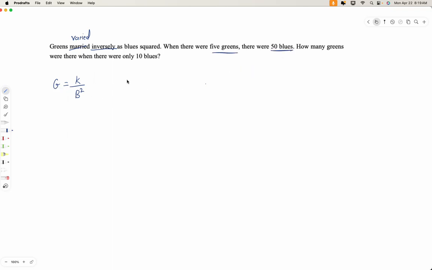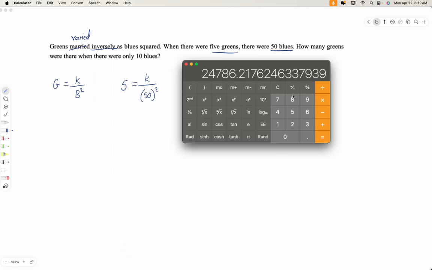So we put 5 in for green, and then we put 50 in for blue, and we square it. So first we have to get 50 squared. What is 50 squared? 50 times 50 is 2,500.